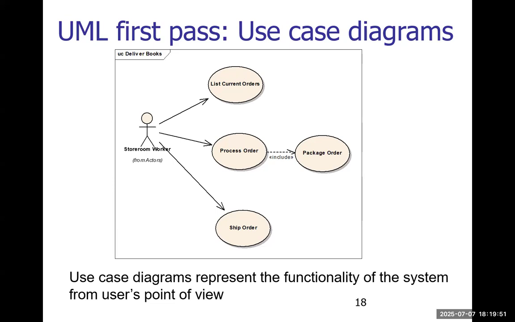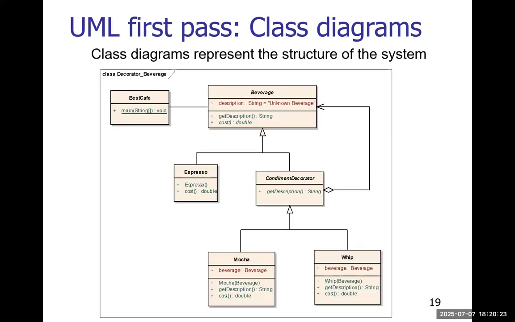Most importantly, the workflow that this use case, like process order, involves. So there are steps involved in process order. That's the key of each use case. Just providing the use case name doesn't provide much information. All the information is hidden inside this use case. Double clicking on it should bring up another window showing you the details.